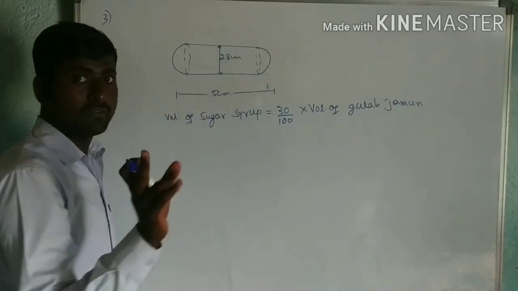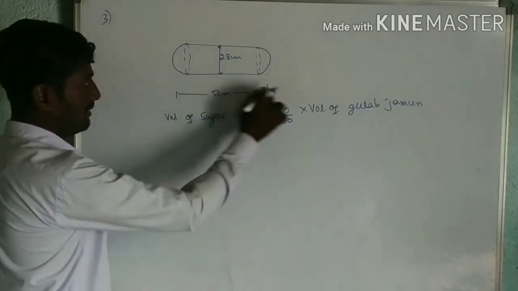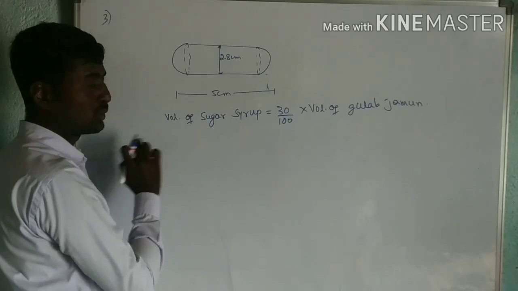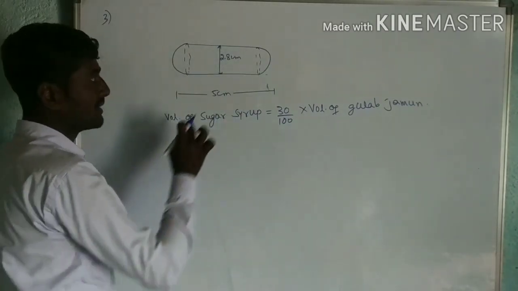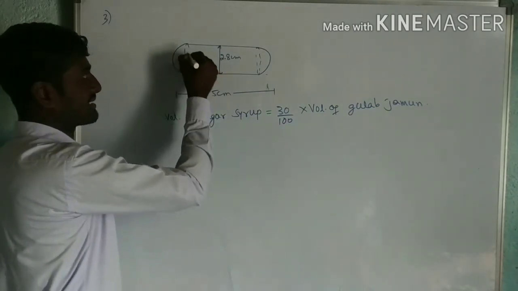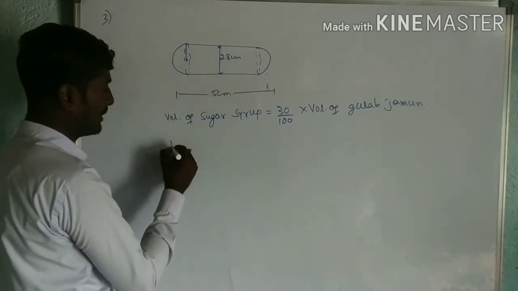The length of this gulab jamun is 5 centimeter, with one cylinder and two hemispheres. Since the diameter is 2.8, the radius of the hemisphere is 1.4.